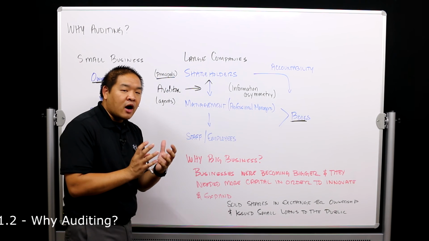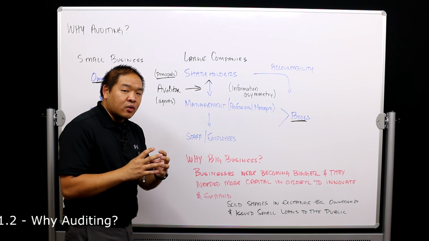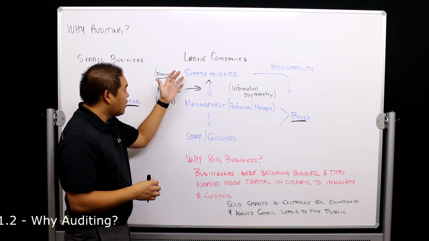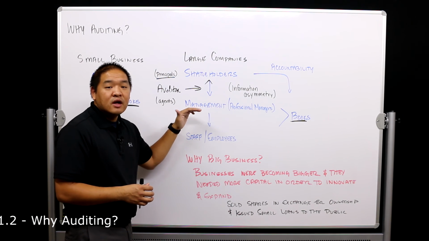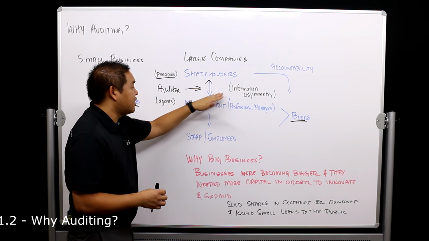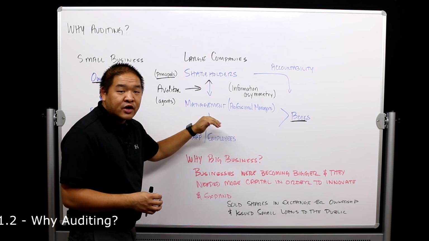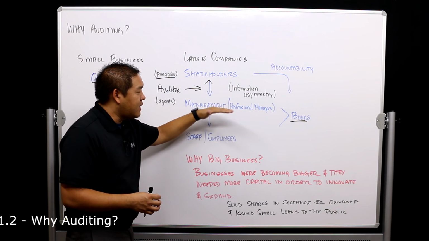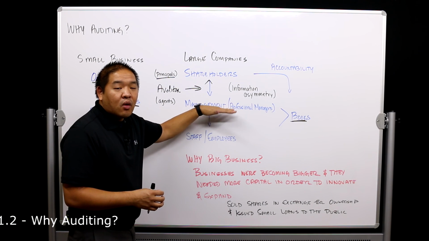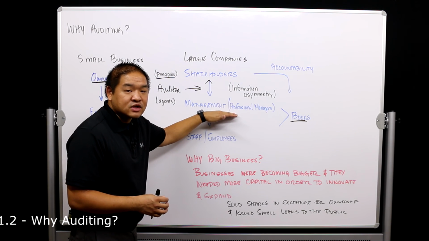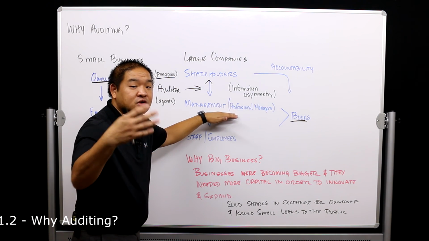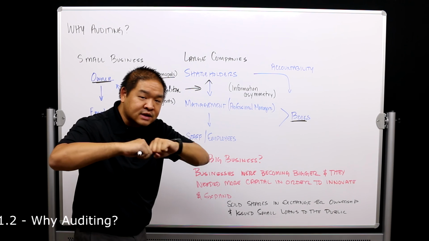So again, why auditing? Well, the reason why we do auditing is because shareholders have to hire professional managers. Those professional managers are going to have something called information asymmetry. They're going to know more than the shareholders. They may withhold information or they may inflate numbers in order to get what they want, their personal interest, which causes a conflict of interest.